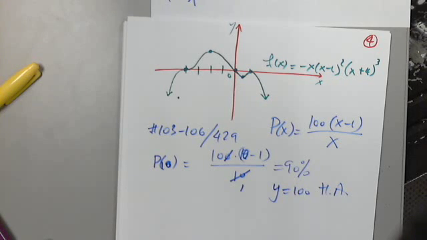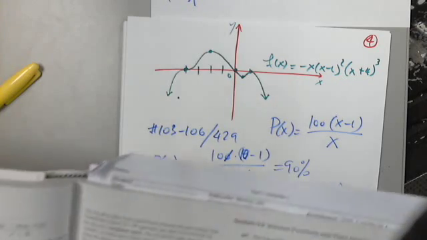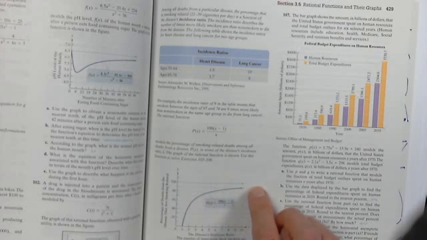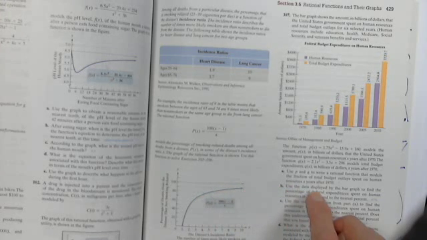According to the model and its graph, is there a disease for which all deaths are caused by smoking? The answer is no, because this function will never touch 100%.